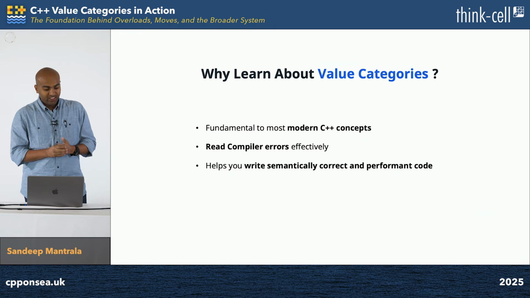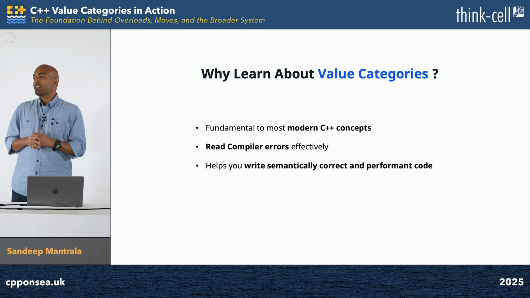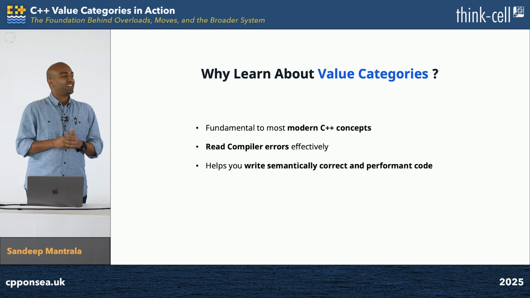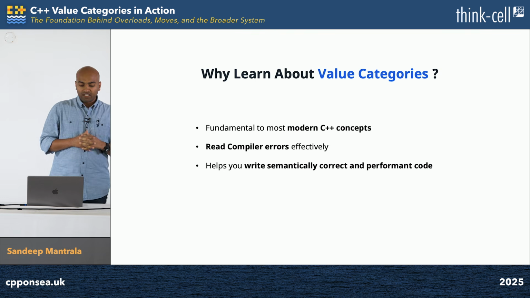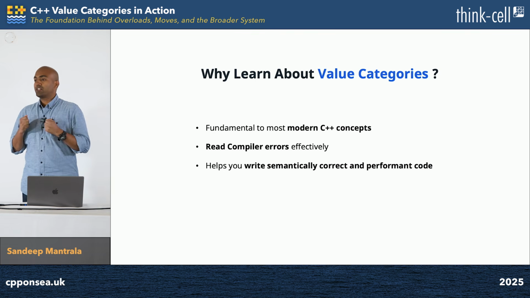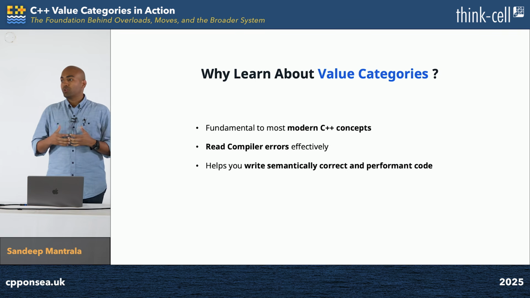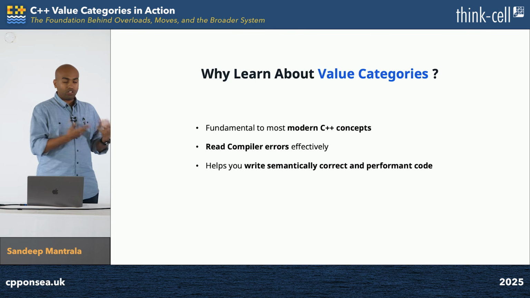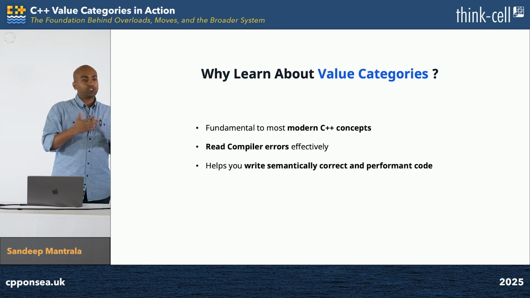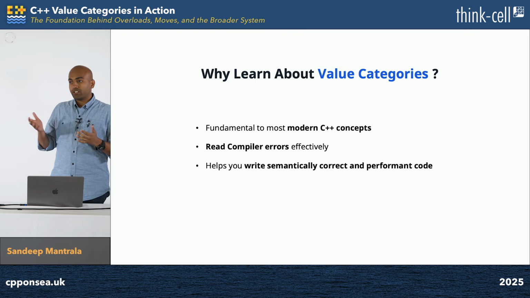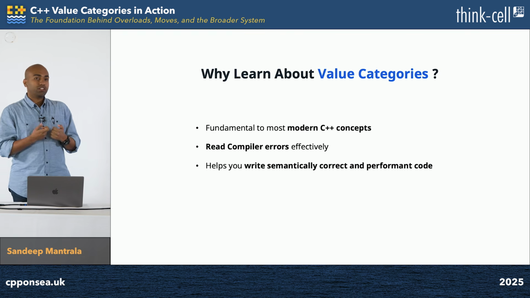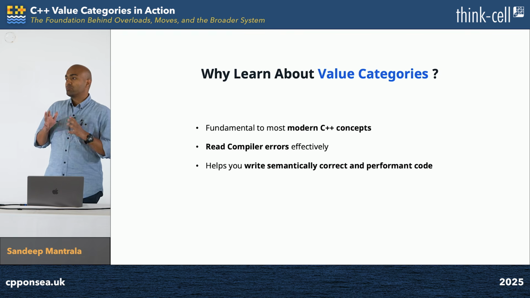Okay, so why should we learn about value categories? For those of you in this room, you have no other option but to learn for the next 1 hour because you're here. Other than that, I personally feel like once you understand value categories, it can definitely form a very good base for you to dive into more concepts like move semantics, copy elision, or forwarding references. If you look at the standard library code, for example, you would see references all over the place, and if you don't fundamentally understand what a value category is, it'll be difficult to understand modern C++ code.